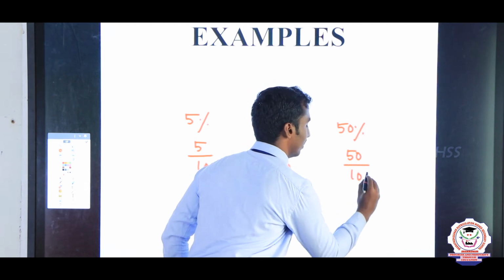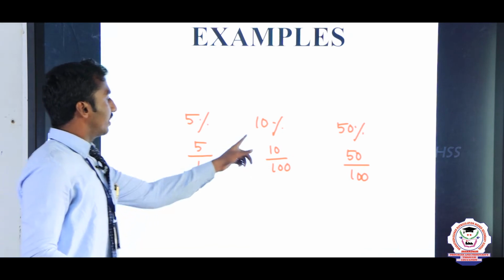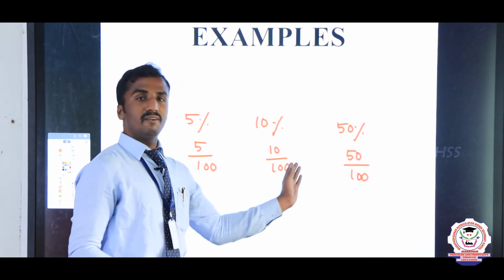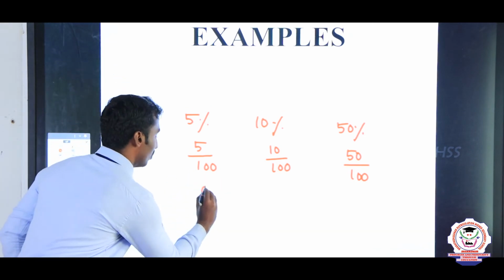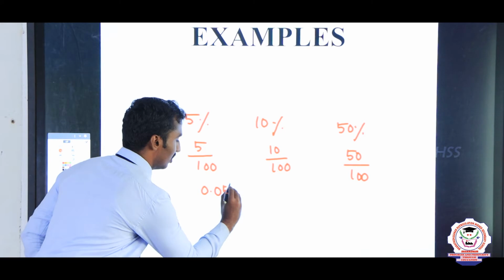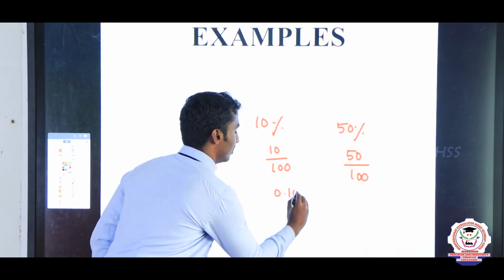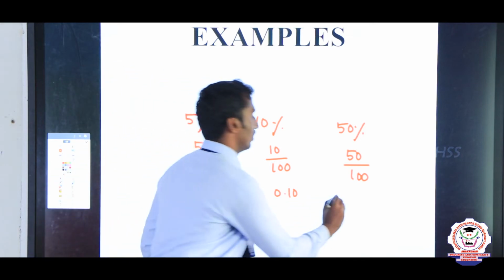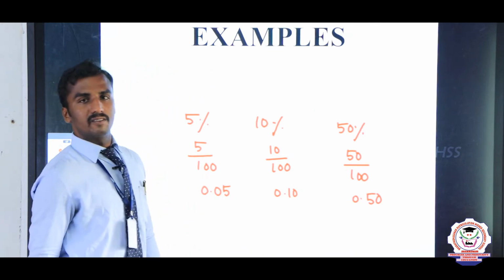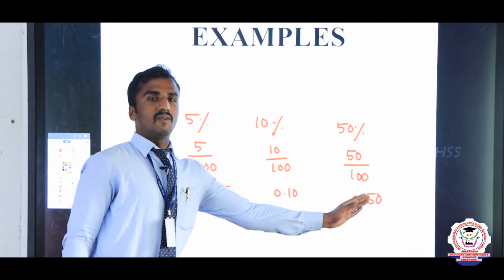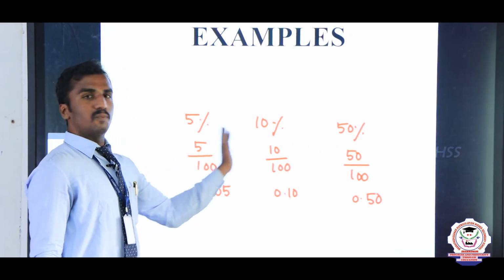These are decimal fractions. Converting them into decimal numbers gives 0.05, 0.10, 0.50. These are decimal values, and these are percentages.